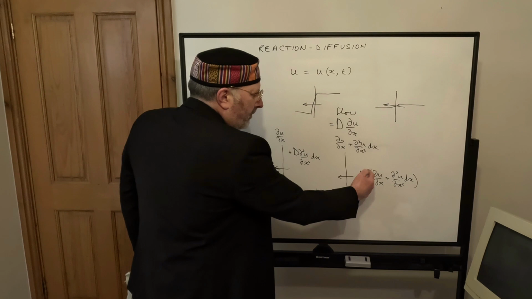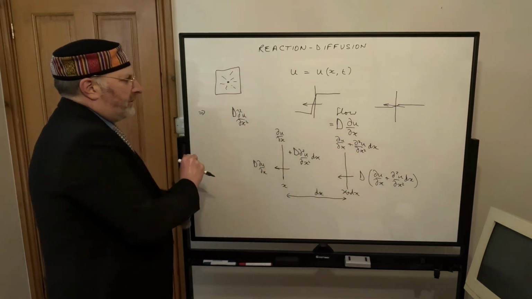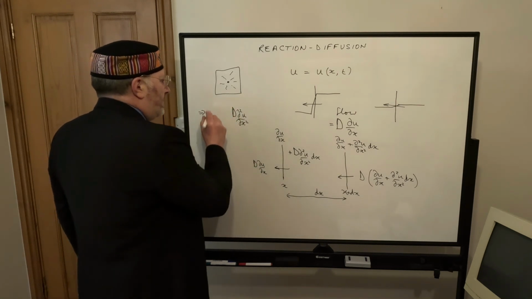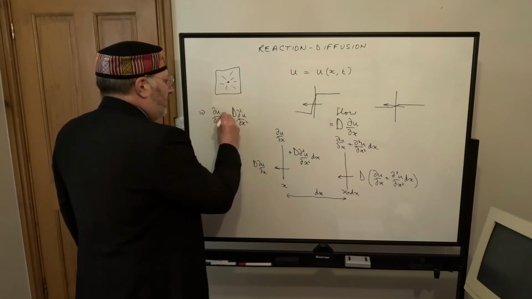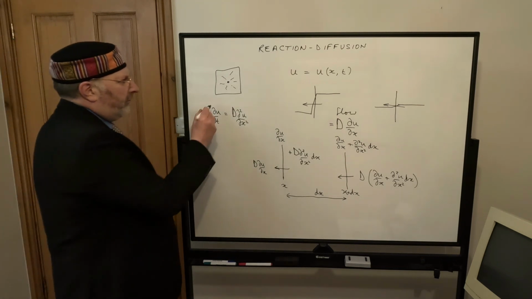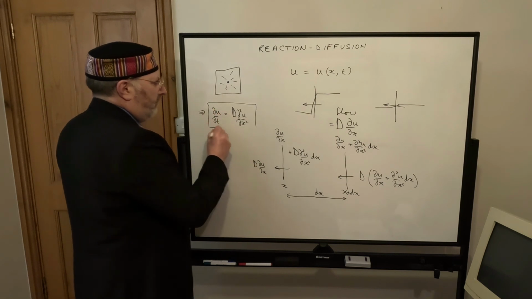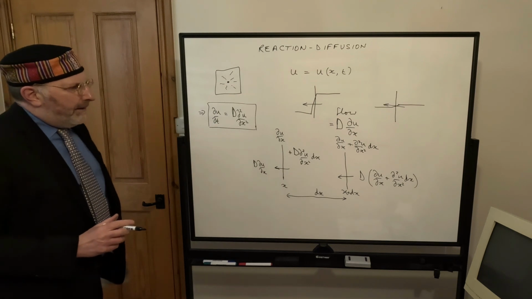So this is per unit time. So this d times d2u by dx squared is the change in concentration per unit time. So that is the rate of change of concentration with respect to time. So this is the diffusion formula, the diffusion differential equation.